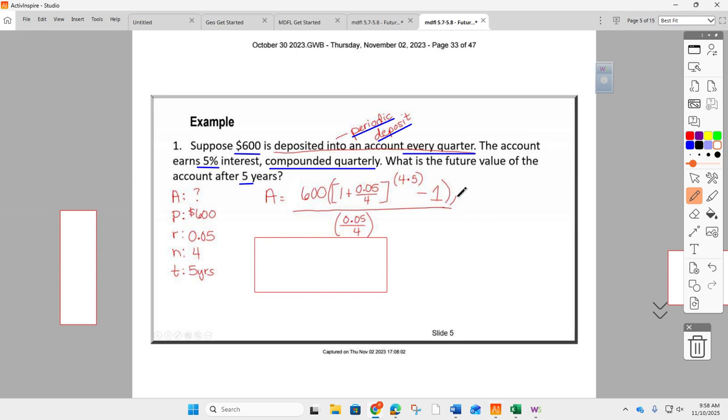So the fraction bar is a grouping symbol, and in this decimal calculator, you don't have to have another set there. Right? So this is a bracket. You cannot use the brackets on your keyboard. There are brackets on your keyboard. If you use them, though, it does not recognize them as parentheses or grouping symbols for math. It only recognizes the parentheses.